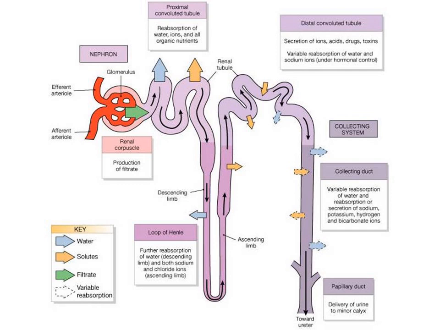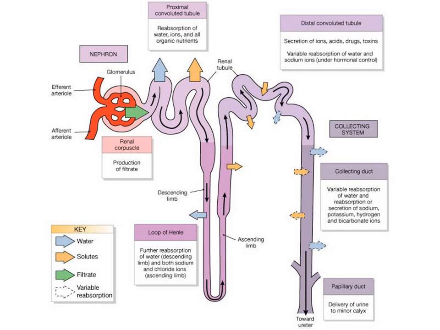You're going to reabsorb water, depending on if the individual is dehydrated or not, ions, and all the organic nutrients. You're putting this back into the blood. It does not show here, but there are blood vessels that are all surrounding this purple colored tubule network. So from the glomerulus, you go to the proximal convoluted tubule. Here you're going to have reabsorption occurring.